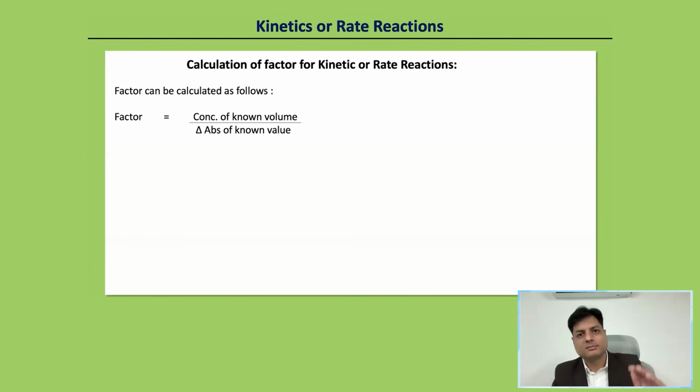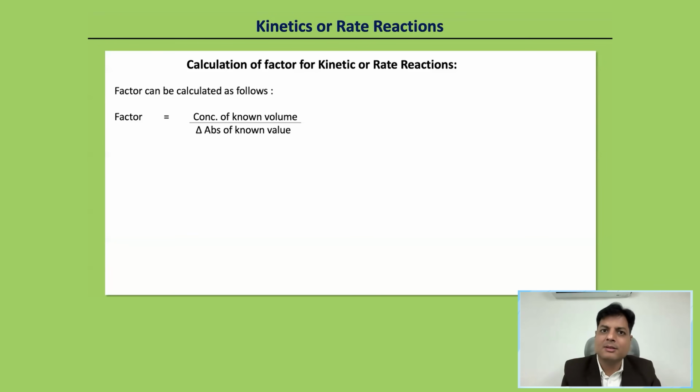Let's say, for example, OD number 1 was 1.2 and OD number 2 was 0.8. Then we simply write 0.8 minus 1.2 is equal to 0.4. We ignore the negative sign. So the concentration of the known value sample is divided by 0.4, which is the delta absorbance of the known value sample.